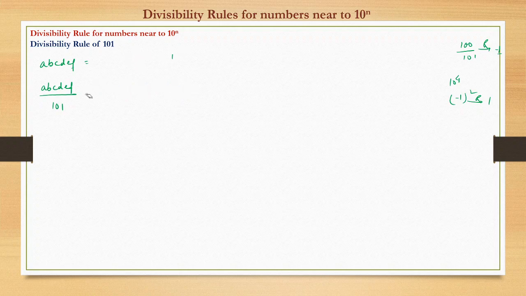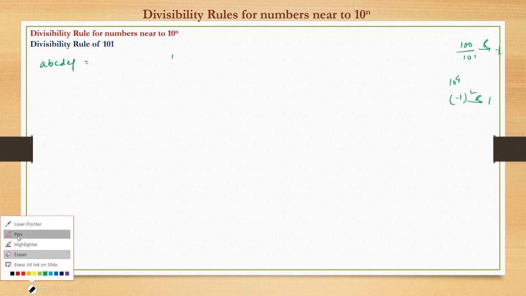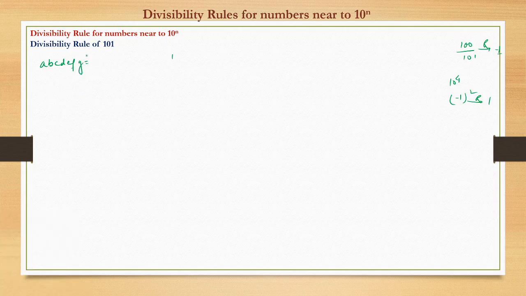Let us take the number ABCDEFGH. So this becomes AB into 10 raised to power 6, plus CD into 10 raised to power 4, plus EF into 10 raised to power 2, plus GH.